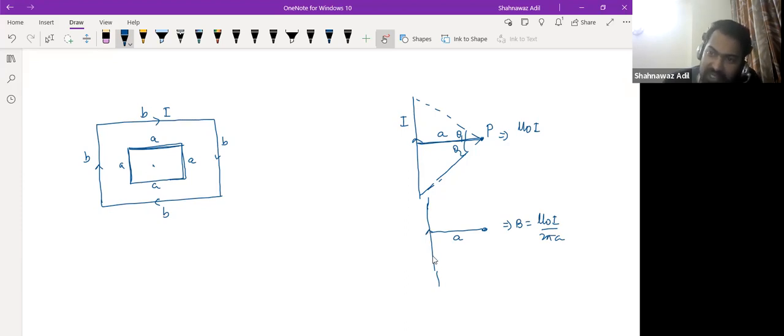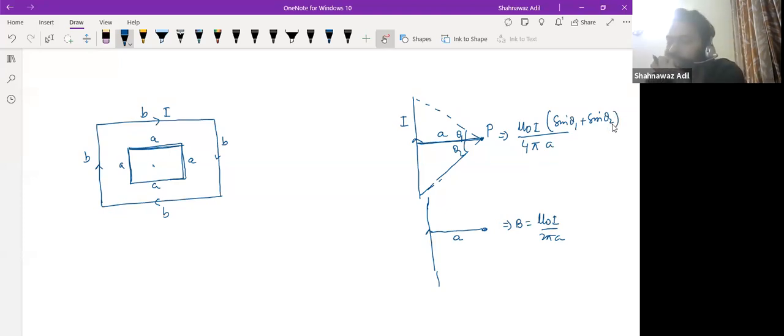So for the finite case, if you remember correctly, it was mu naught I by 4 pi a times sine theta 1 plus sine theta 2. Do you remember this? Yes, sir. So this is for the finite wire, right? And we can get the infinite case. For the infinite case, what are theta 1 and theta 2?